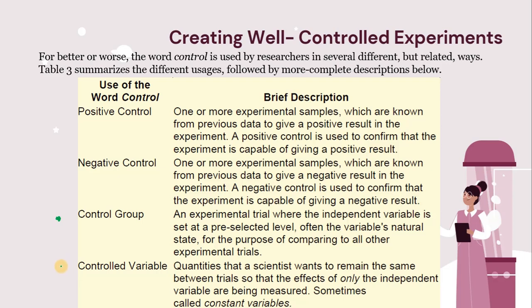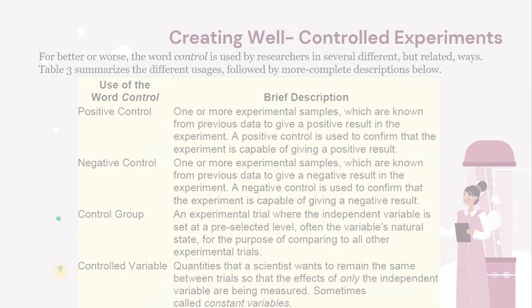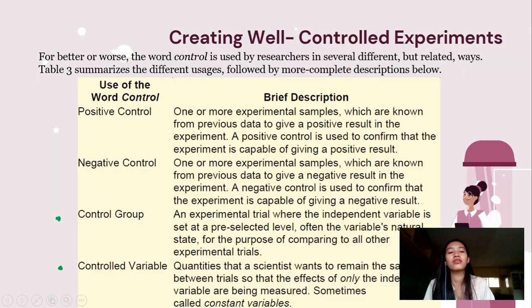And then the second word, let's go here first. Controlled variable, quantities that a scientist wants to remain the same between trials, so that the effects of only the independent variable are being measured, sometimes called the constant variables. Now let's go to the positive control.